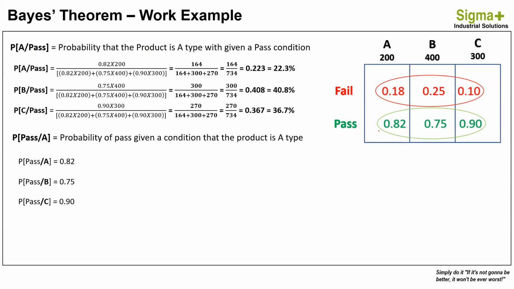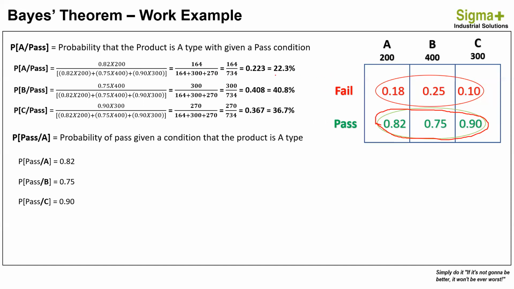So if it is a pass, that means that my sample space now will be the 82% of the product A plus the 75% of the product B plus the 90% of product C. So the probability of A subjected to pass will be the 82% of the product A divided by the 900 multiplied with those probabilities, or sorry, the probabilities multiplied with each quantity of those product types.